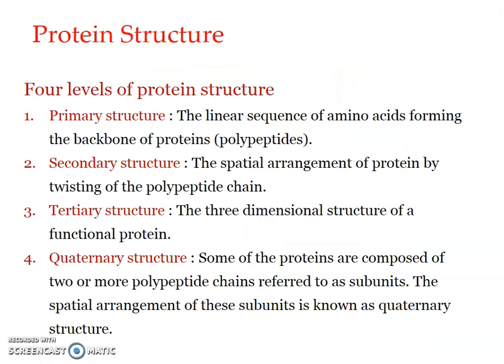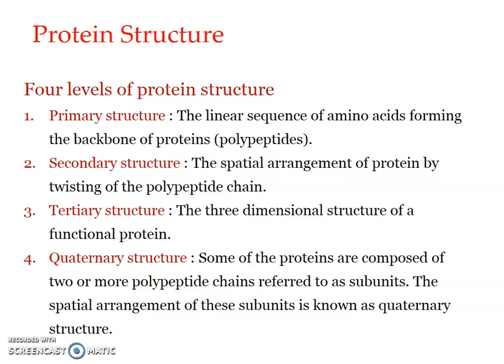So when we see the structure, we can see that there can be four different levels of protein structure. Proteins, as mentioned, are polymers of alpha amino acids, especially the L amino acids, and the complexity may vary from a very simple primary structure to a complex quaternary structure, and based upon the complexity, four levels of protein structure are recognized.